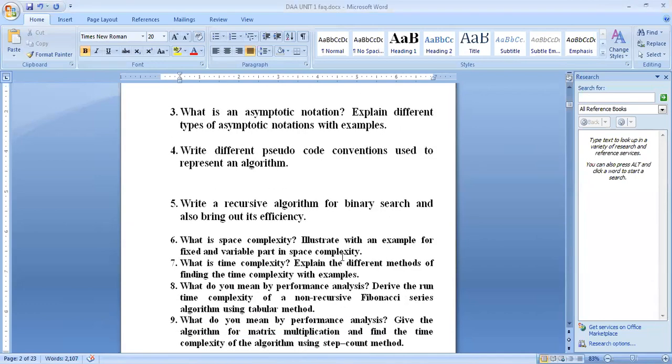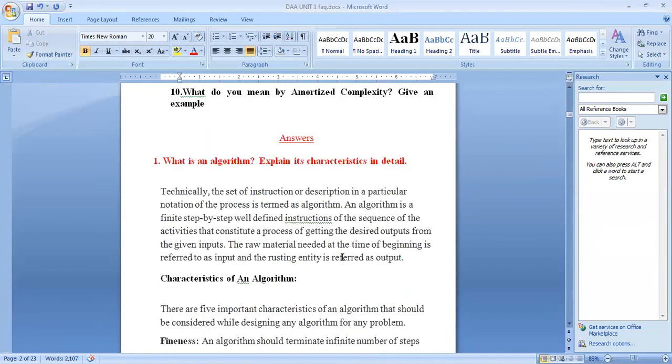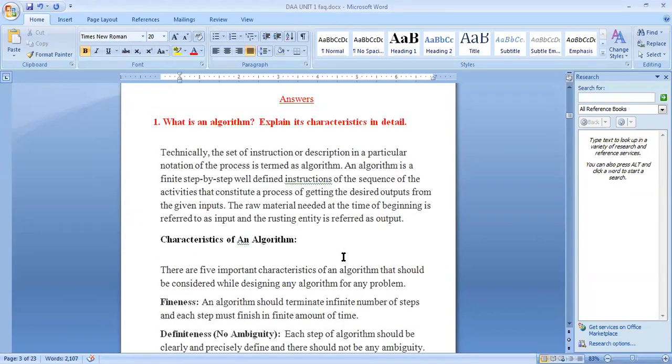Now see the answers and we will discuss the questions one by one with answers. These questions are very important. They are frequently asked in the final exams.